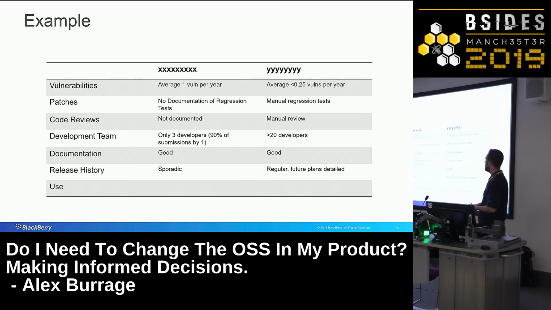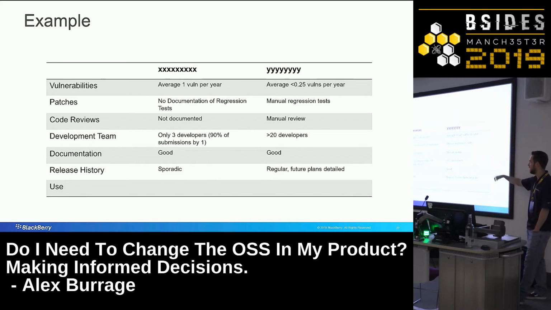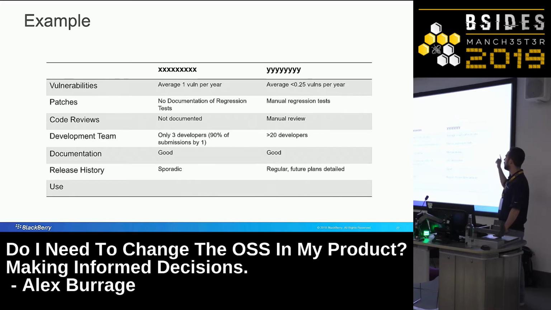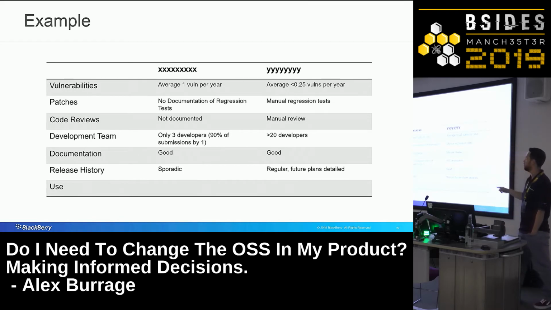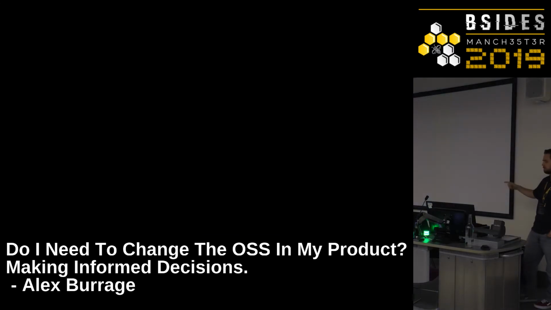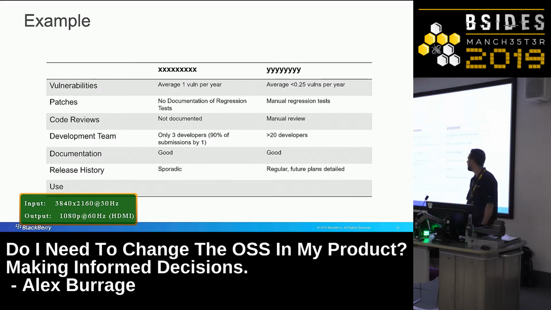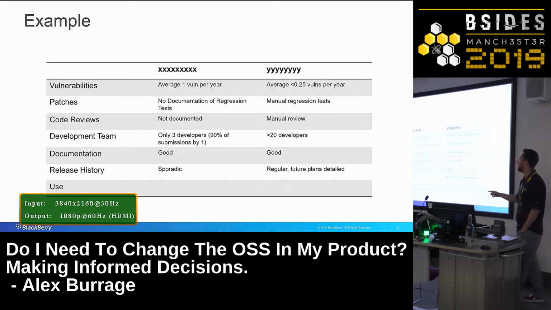But the key point was development team size. The library on the left was basically just one guy developing a library. The library on the right was what I'll call a proper development team. And what that meant was, when we looked at how long it took patches to be introduced, the time it took for vulnerabilities to get patched in library X was about 6 months.